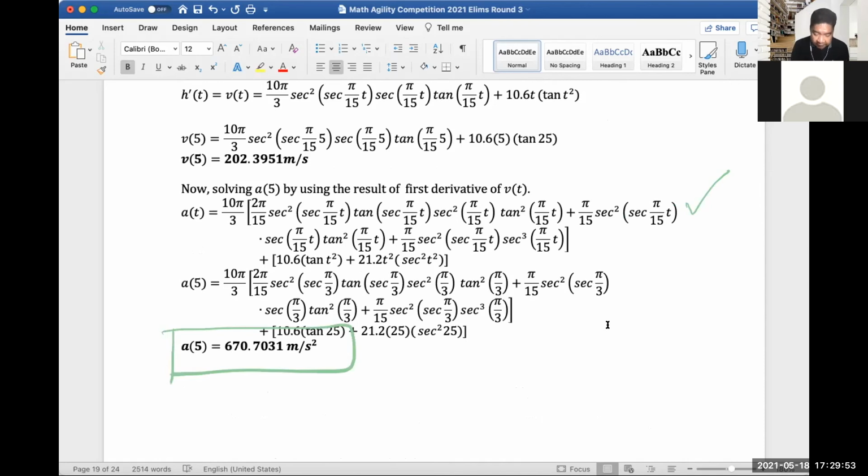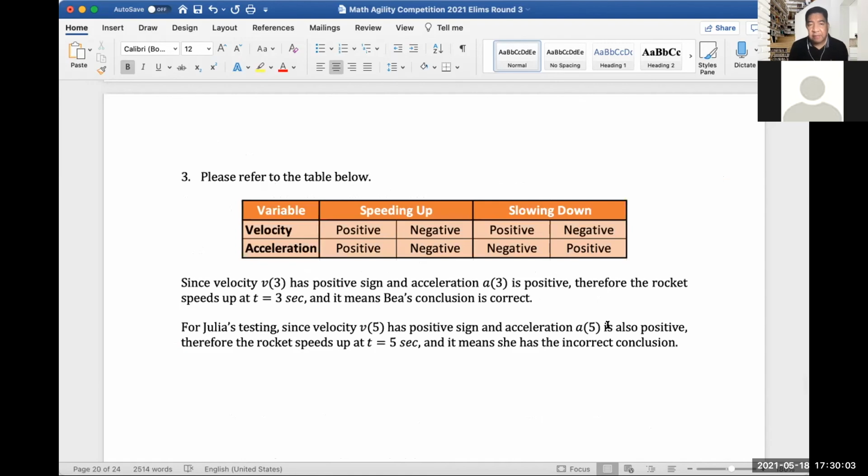Now let's try to answer whether Bea and Julia got the conclusion correct. Let's use this table. If our variables are velocity and acceleration, to speed up the velocity should be positive and the acceleration should be positive as well.